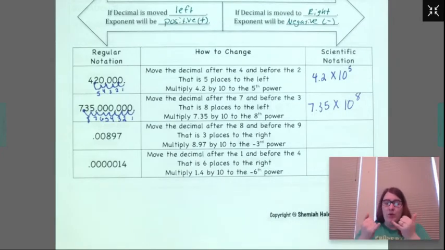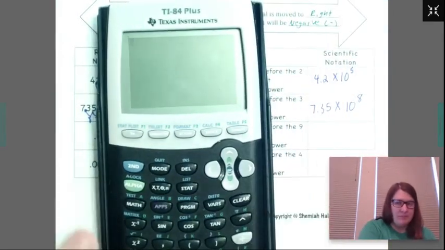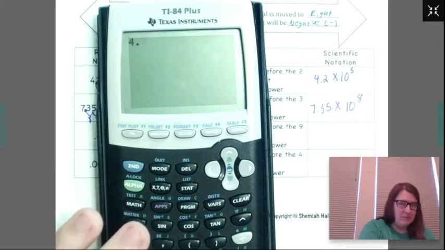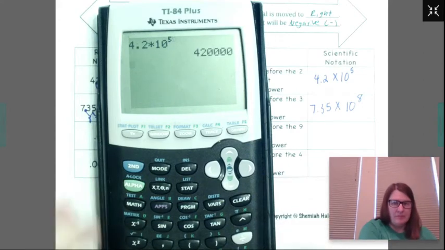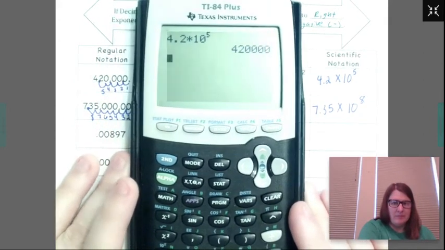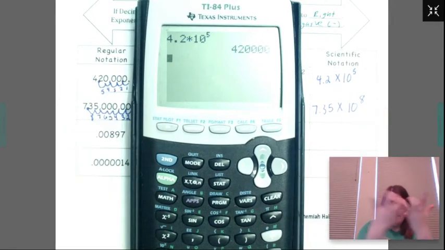All right, now we can check our answers if our calculator has the capability to move that many places. Matched.